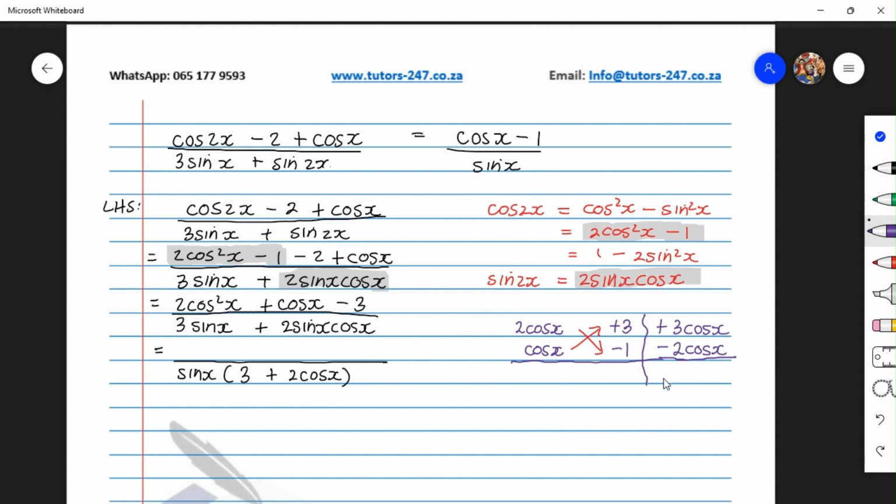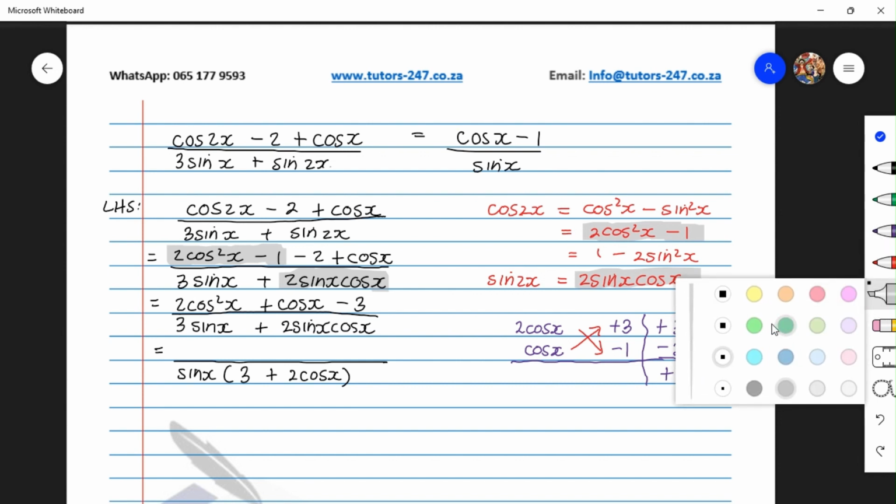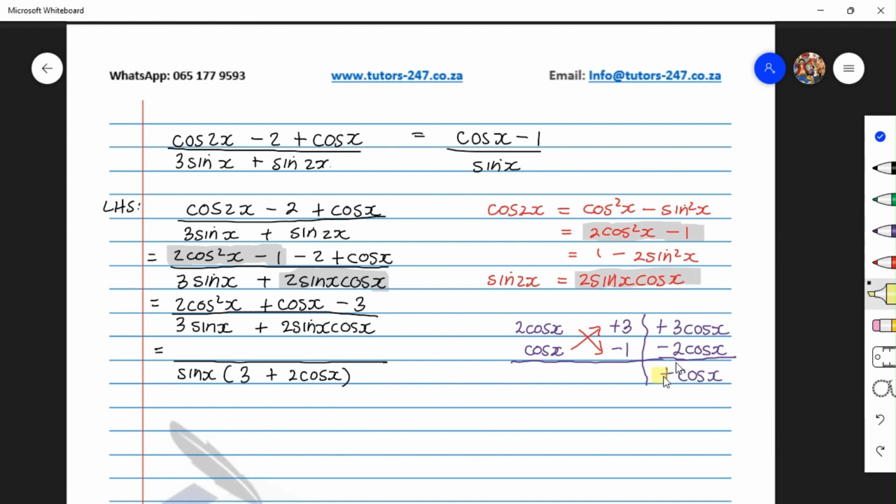From here, if we add both these terms, we end up with positive cos x, which is what we wanted. So all we're going to do is bracket them like this. So we have 2 cos x plus 3 and cos x minus 1.